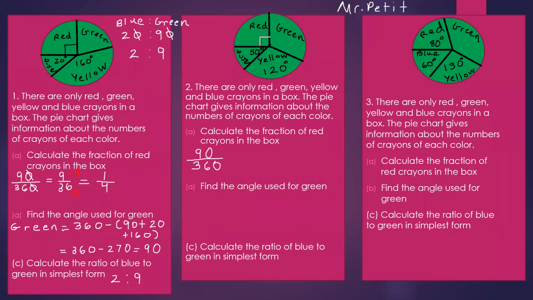Very good, 360. The reason why we use 360 is because the angles inside of a circle add up to 360 degrees. One revolution is 360 degrees. We cancel out the zeros, which is essentially dividing by 10. We're left with 9 over 36. This should be straightforward stuff.